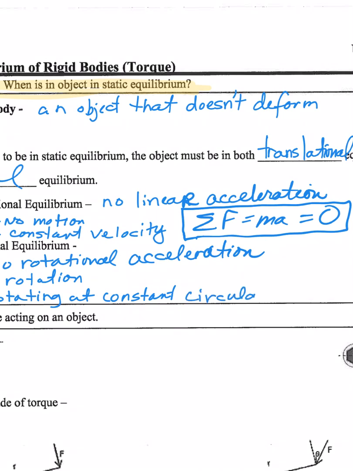Notice I said circular velocity. What do we use for circular velocity? Omega. This guy, the W, right? Omega.